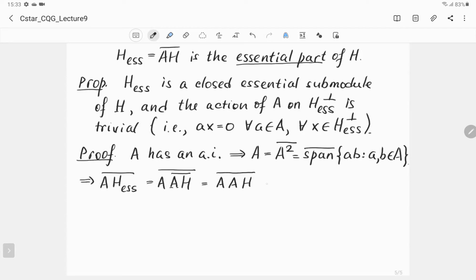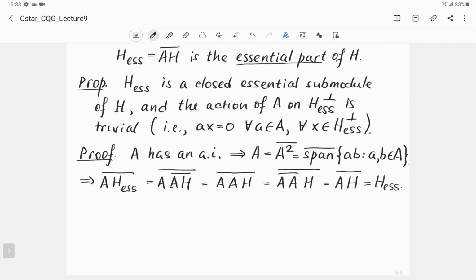And for the same reason, I can put another line over A multiplied by A. But since the closure of A squared is A, this can be written in the following way. But this is nothing but the essential submodule. And we see that the essential part of H is indeed an essential submodule.